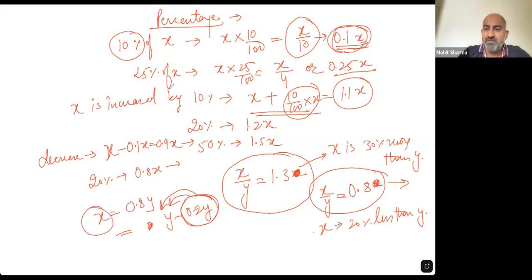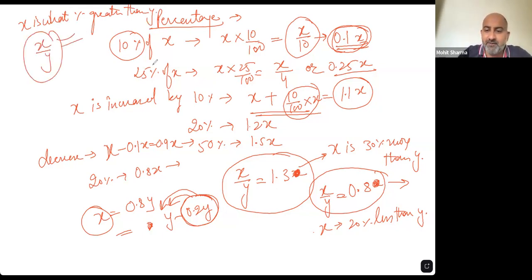So sometimes in actual GMAT questions, you'll see a lot of calculation which will ask you X is what percentage greater than Y, or what percentage lesser than Y. So just find X upon Y, that will be good enough.